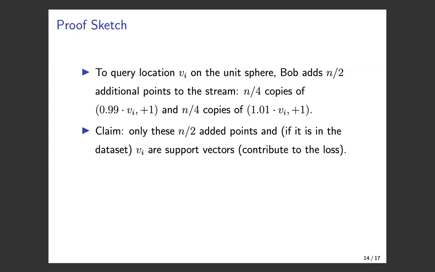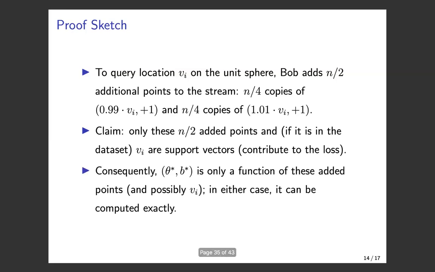Okay, and a point is a support vector if, loosely speaking, it contributes to the loss. Okay, and it turns out that the optimal parameters are completely determined by the support vectors in the data set. This is just a standard property of support vector machines, and it's one of the key properties that we exploit.